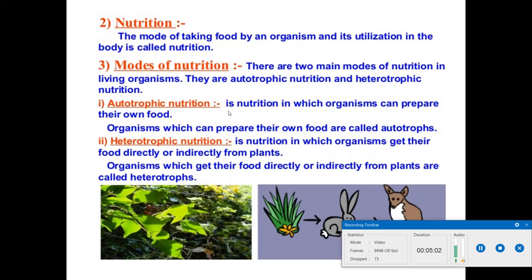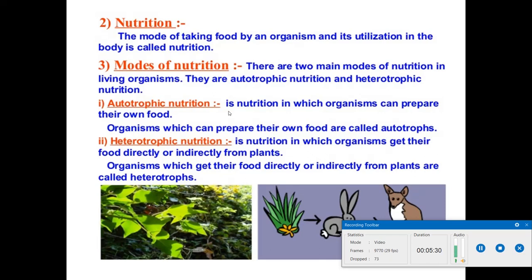Next mode of nutrition is heterotrophic nutrition. Hetero means other. Trophic derived from the word trophos, that is nourishment. Getting the nourishment through other means is termed as heterotrophic nutrition. The organism which cannot prepare its own food should depend on other for food.